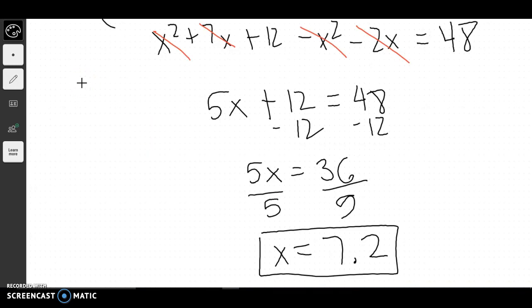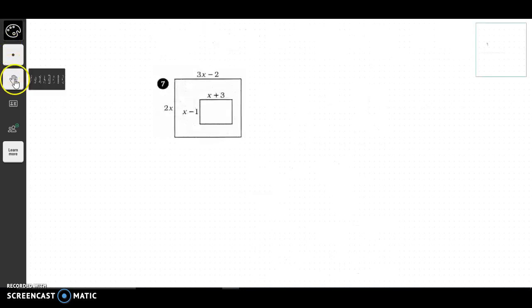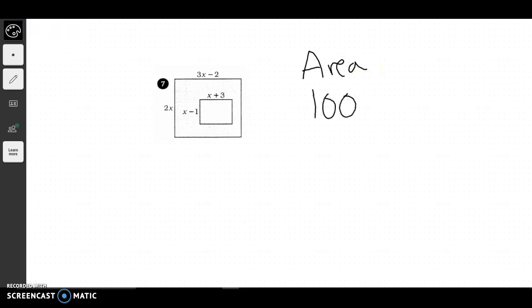Let's look at how a word problem might be set up now. Alright, okay, let's say I've been given this image, and they say the area of this shaded region is 100, let's say centimeters squared. This shaded region, which might be a little bit hard to see, is this outer region. And I need to figure out what x is.